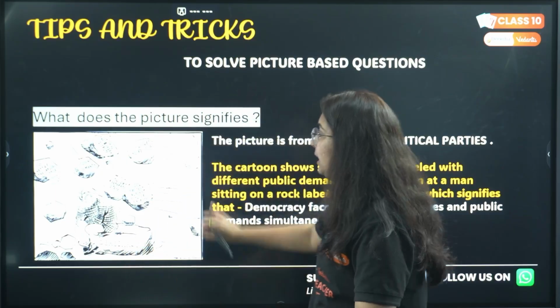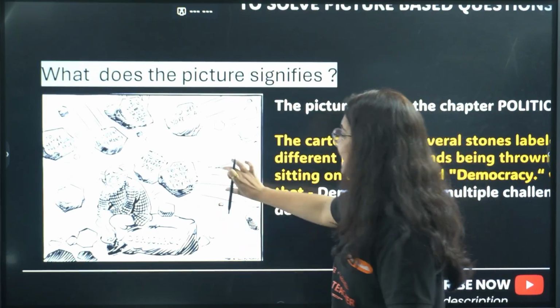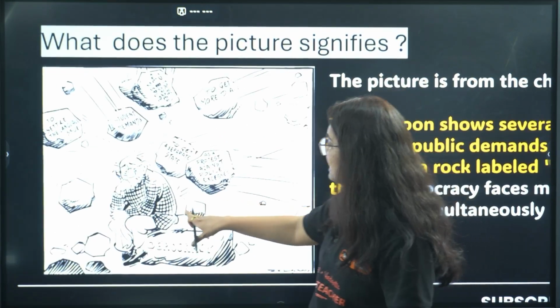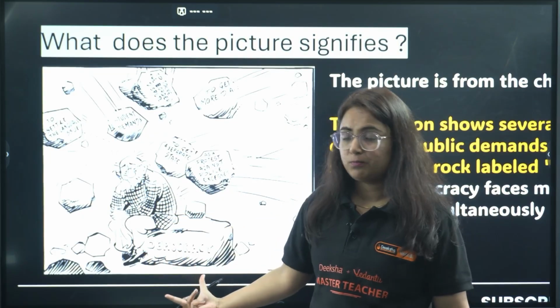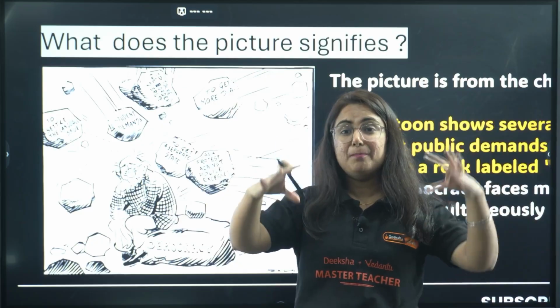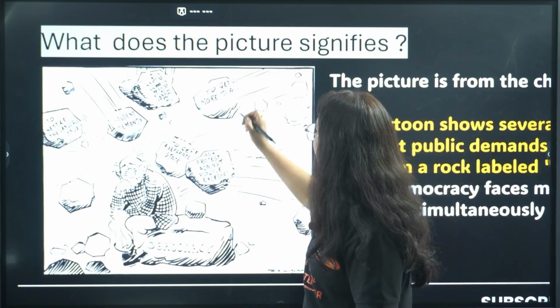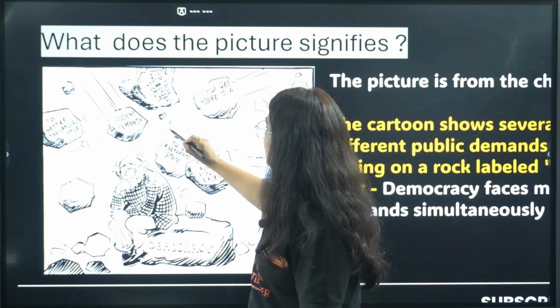For example, you studied this picture, you saw this picture, how can you study it? You saw this picture and you see that someone is sitting on a stone that says democracy. And you can see that some stones are thrown at the same person, and here it is written to get more DA, to solve the border dispute, student demand.